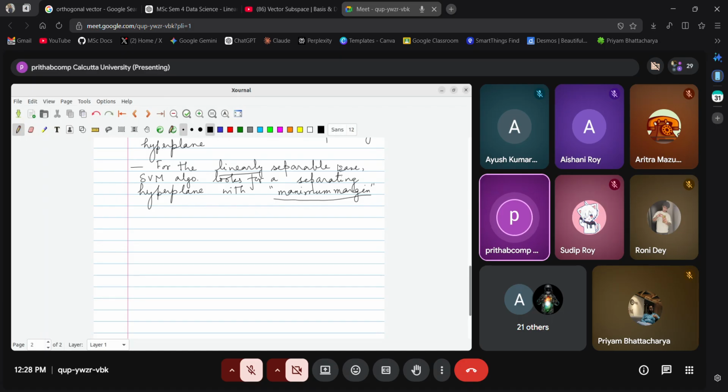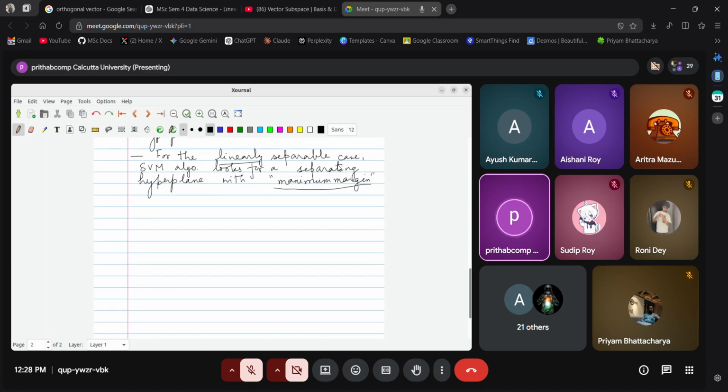For everything we have done, it was either a maximization or a minimization problem. Okay. So now what is the meaning of this largest margin or maximum margin?